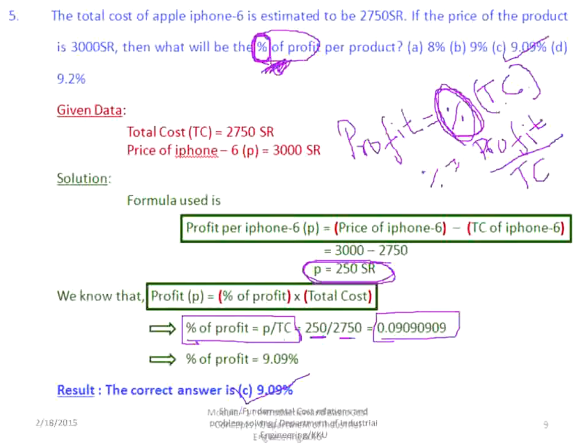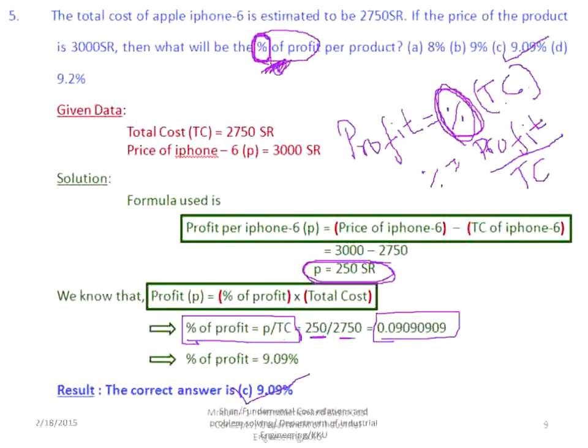So these are the fundamental problems associated with the basic cost concepts and the cost relationships. With these basic problems, we will go to the next title. I'll talk something on the cost relations. This much problems is enough for you.